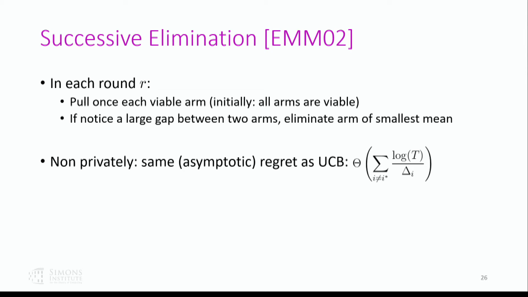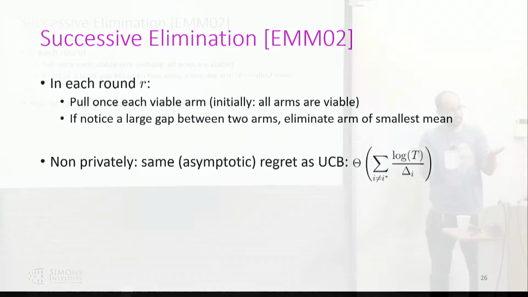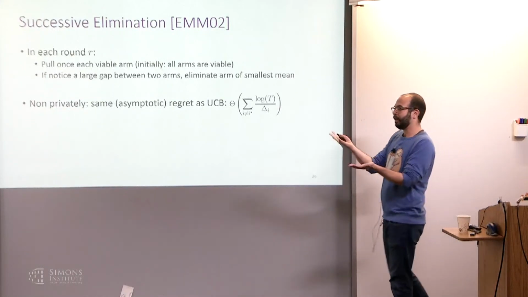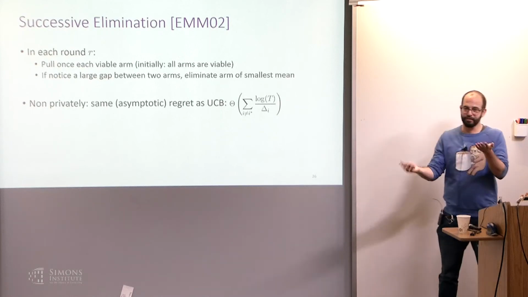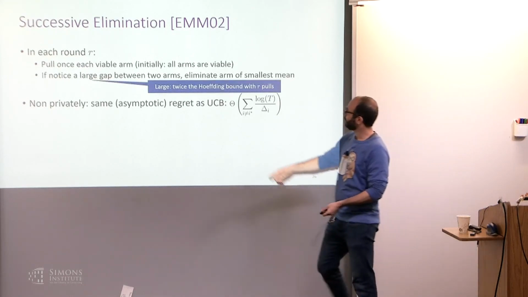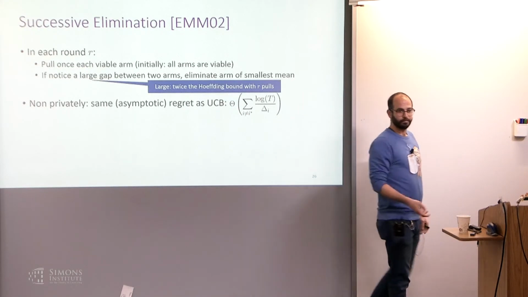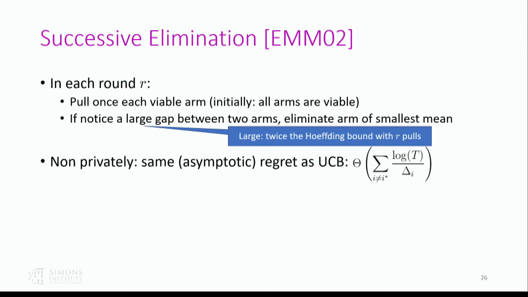In each round, it pulls all the arms that are still optional, still in the game, and then at the end of the round looks: has there been an arm which is noticeably suboptimal with respect to a different arm? If so, I'll eliminate it. Noticeably means twice the Hoeffding bound. And it does achieve the same asymptotic regret as the UCB algorithm. It's equivalent to the UCB algorithm, asymptotically.